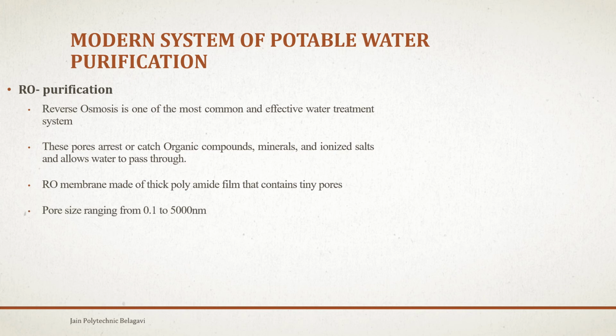The pore size ranges from 0.1 to 5000 nanometers. So the size varies. This membrane is the artificial one, and if it is the pot, it is less than 5000 nanometers.